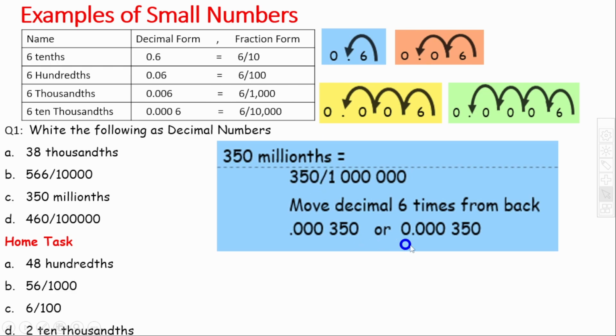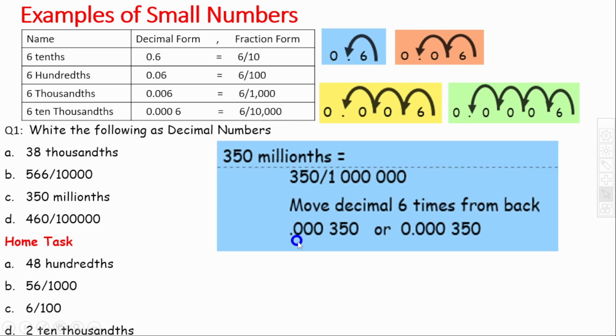Now you write, how many times do you have to move the decimal point? First of all, you write your 350. Then you ask yourself, how many times do I move the decimal point? You count the number of zeros. 1, 2, 3, 4, 5, 6. 6 times. So you move 1, 2, 3, then you keep moving, 4, 5, 6.